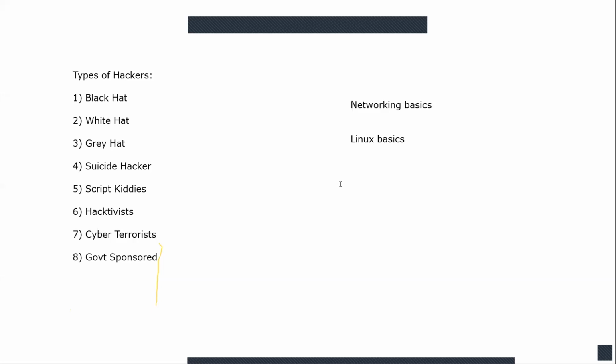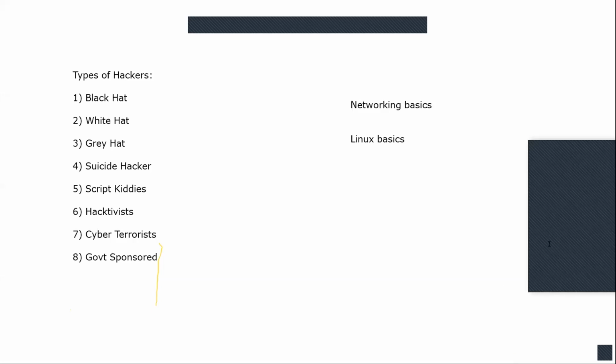And what I'll also teach you is that information security and cybersecurity are similar. Security is the only term which you need to understand. Information is data, and cyber is nothing but digital.